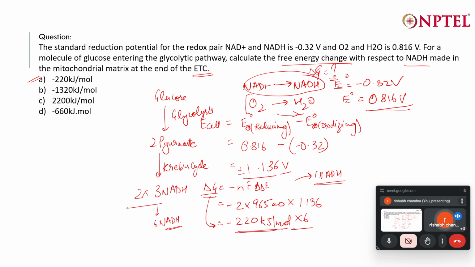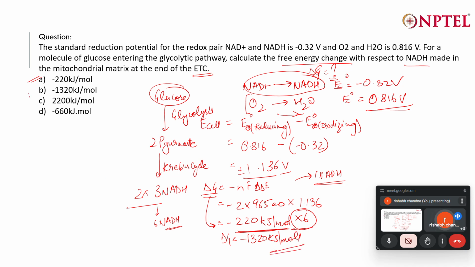So this delta G is for one molecule of NADH formed in the Krebs cycle. If we take account of one glucose molecule, that actually forms six NADH molecules through the Krebs cycle. So the final delta G would be minus 1320 kilojoule per mole.